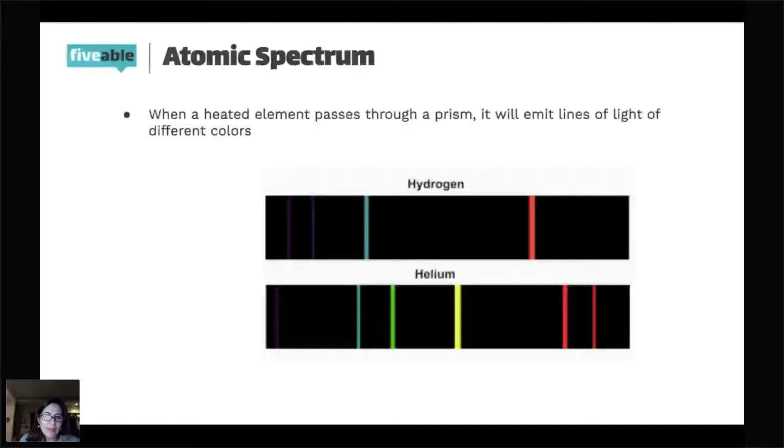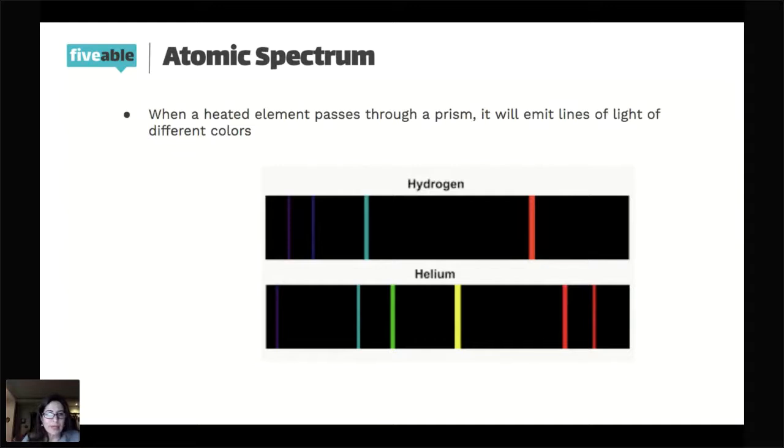It works as a fingerprint of the electrons. Applications for these are, for example, fireworks. When you see fireworks of certain colors, it is because the gunpowder is mixed with metals and they emit certain colors.